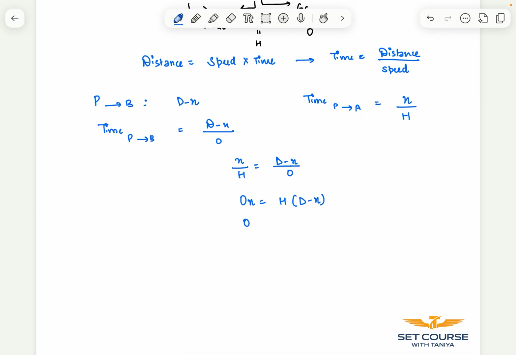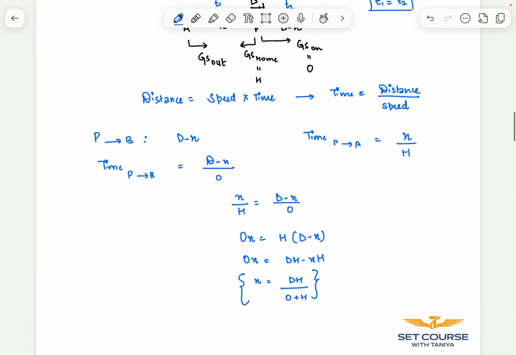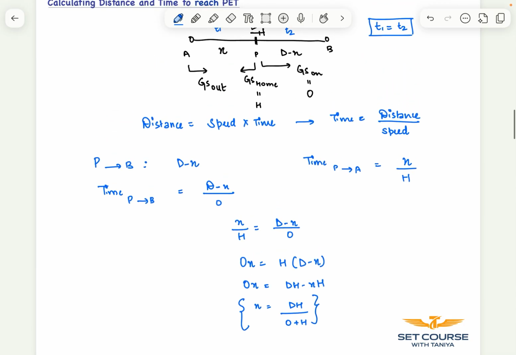Now simplifying this equation, we have our value of x as DH over O plus H. So this is the distance that the aircraft is going to cover if it is at the point of equal time and it has to reach the departure airfield, or for that matter from where we are considering the calculation of point of equal time between two airfields.